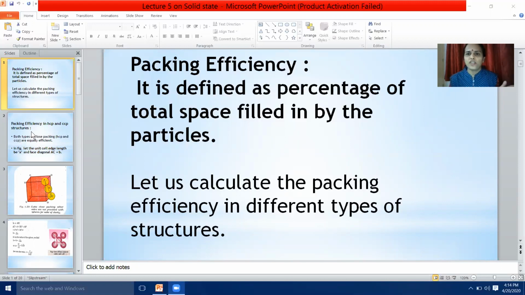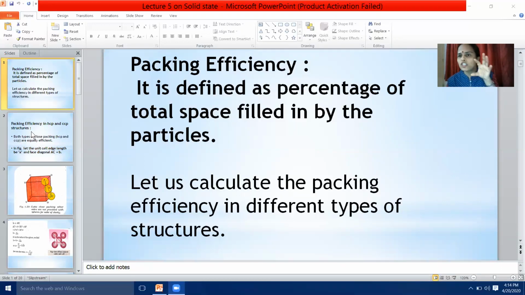Some of us fold them properly, and whatever space is available in the suitcase, we put all the things in a proper manner, putting even small things inside that space. So we call that efficient packing, right?